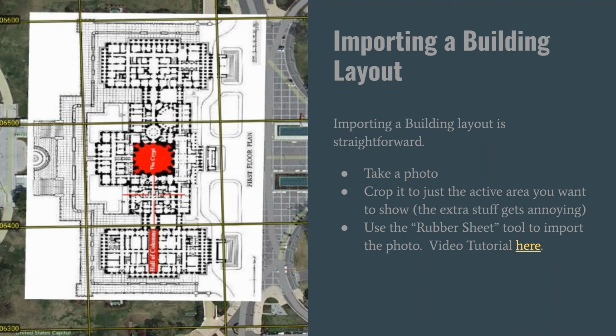You can take an image that has no size or geo information built into it. You can use the rubber sheet tool, which is included in ATAK, to geo-rectify it. That means place it on a map and make it scale proper. You can see in this case that it's scaled to match its satellite imagery.